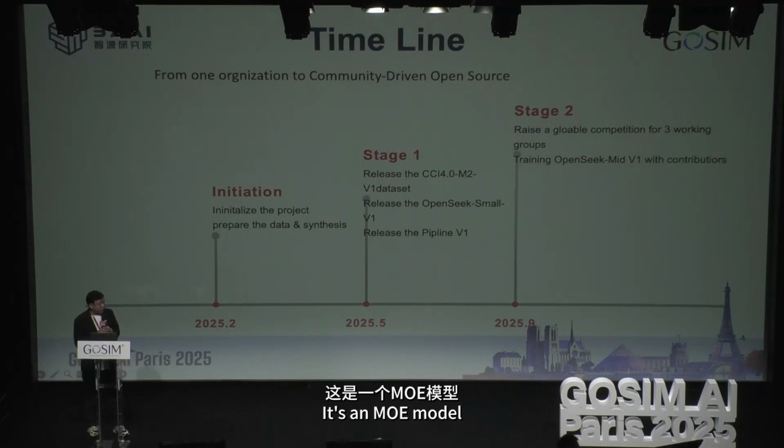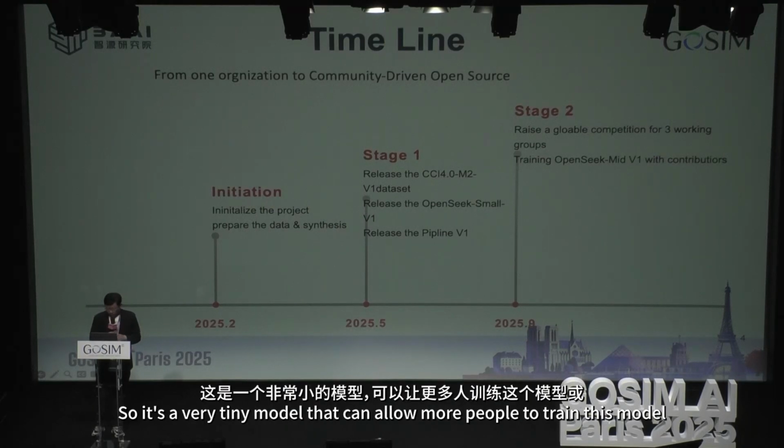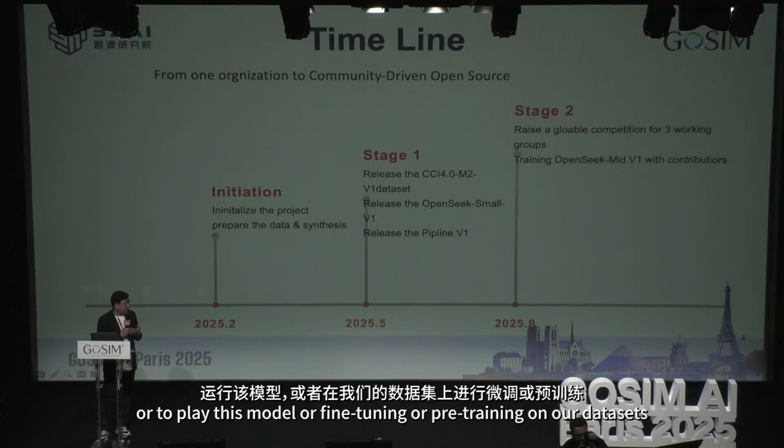It is a MOE model with 1.6 billion parameters with only 0.6 billion activation. So it's a very tiny model that can allow more people to train it, play with it, or fine-tune or pre-train it on our data sets.